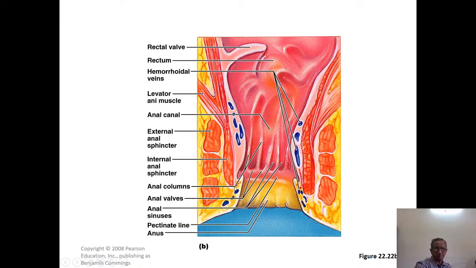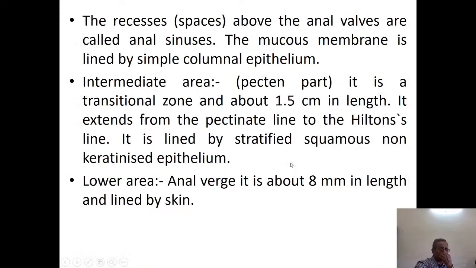Crescentic means half-moon shape. These are the anal valves and these are the anal columns. So columns are vertical, whereas valves are like a crescent at the base of these vertical columns.